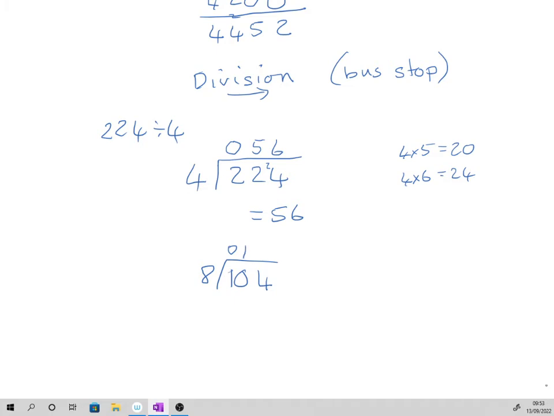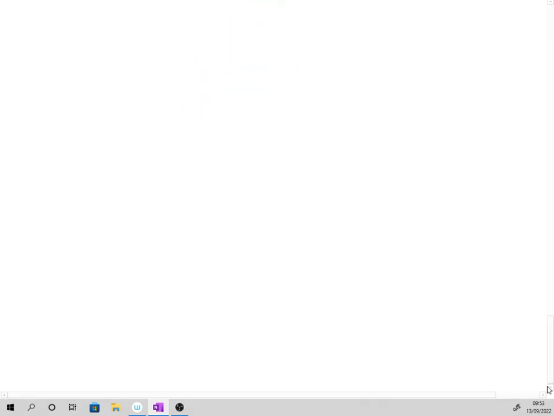There's 2 left over. So we'll put the 2 there for the 4. 8s into 24 go 3. And I'm doing it with nothing left over because we'll come on to that later with decimals and remainders and things like this. So just work from the left over there, and that's how you divide.